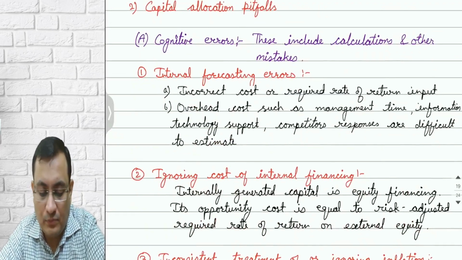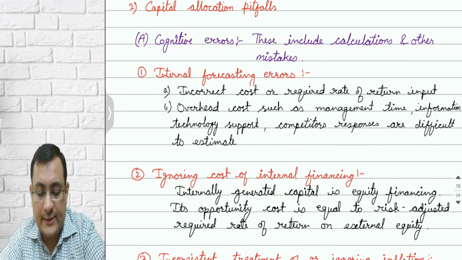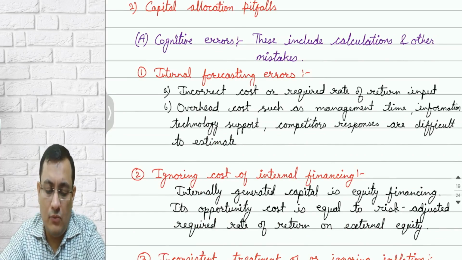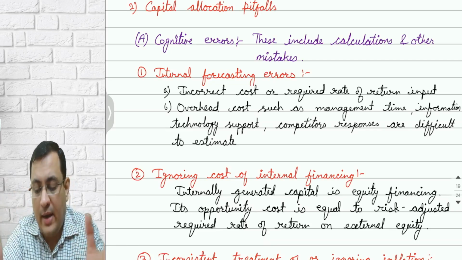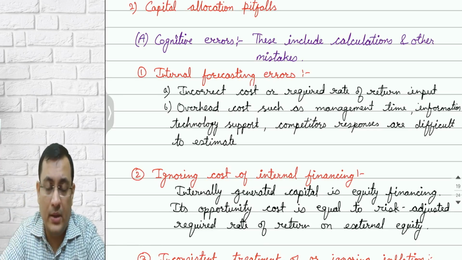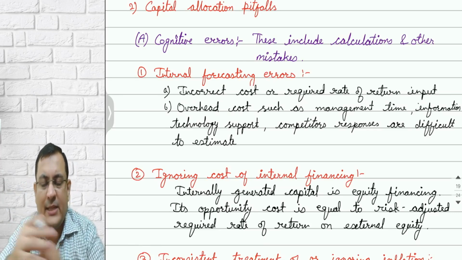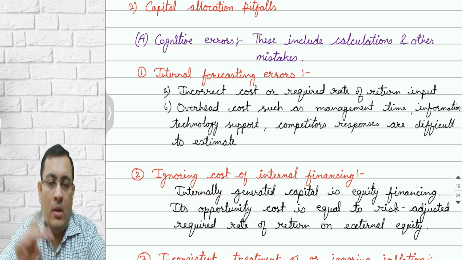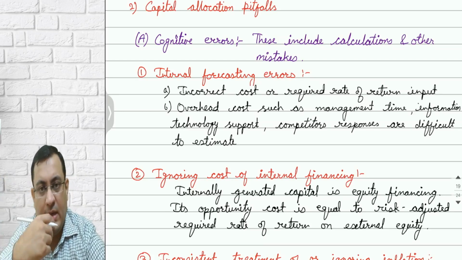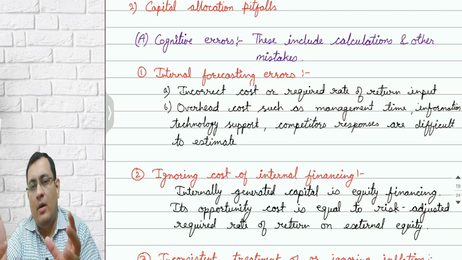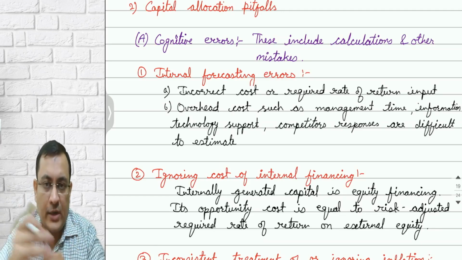So let's go for the first, cognitive error. Number one error, internal forecasting error. Internal forecasting error says that an incorrect cost or required rate of return is used for taking the decision of your capital allocation or capital investment. Yes, WACC is very easily available by using the weighted average cost of equity and debt, but WACC is not directly used for every project.